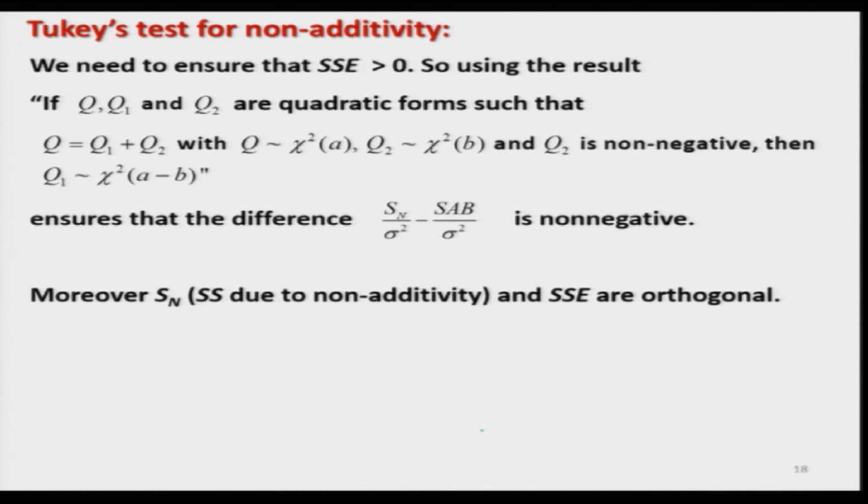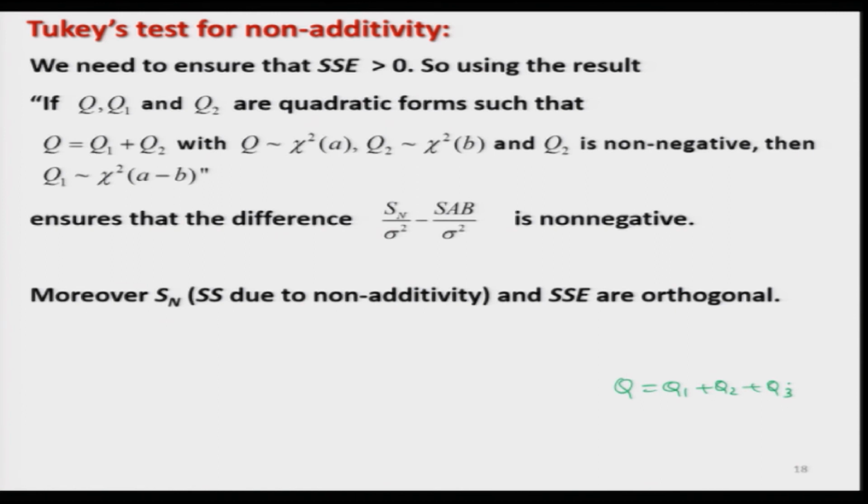So now you have obtained the distribution and its degrees of freedom, but there is one problem. The problem is that the Fisher-Cochran theorem writes the statement like this: Q can be partitioned into 3 orthogonal components Q1 plus Q2 plus Q3, that means they are additive and their degrees of freedom are additive.